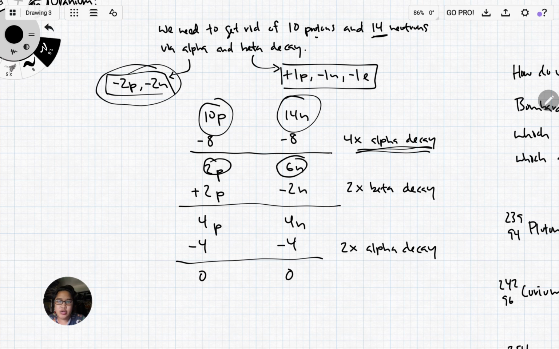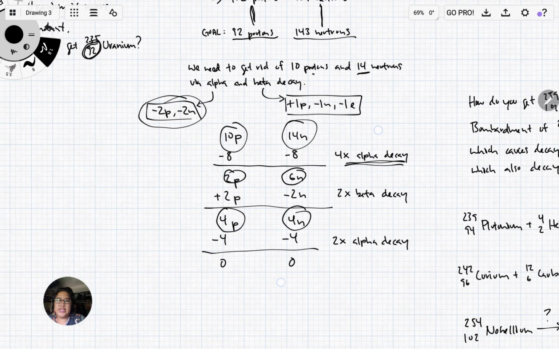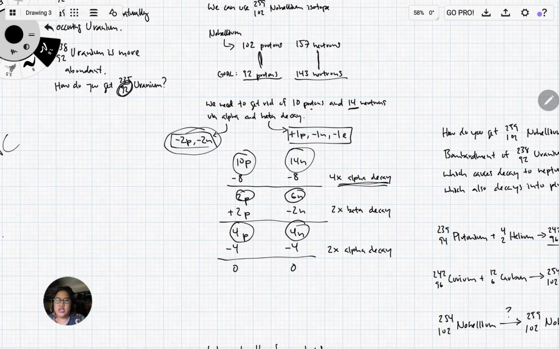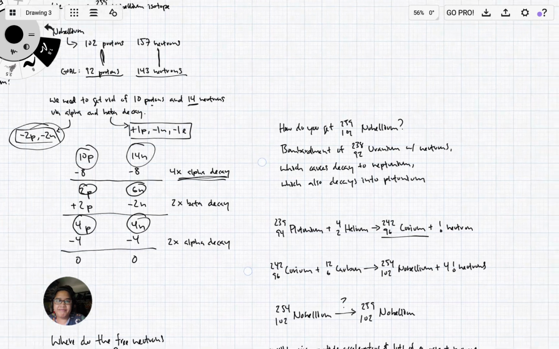So you add 2 protons, subtract 2 neutrons. You get 4 protons and 4 neutrons. Now they're equal, which means you can do 2 rounds of alpha decay, which is minus 4 protons and minus 4 neutrons, and that will get you to 0, which is what you need to get to 235/92 uranium.